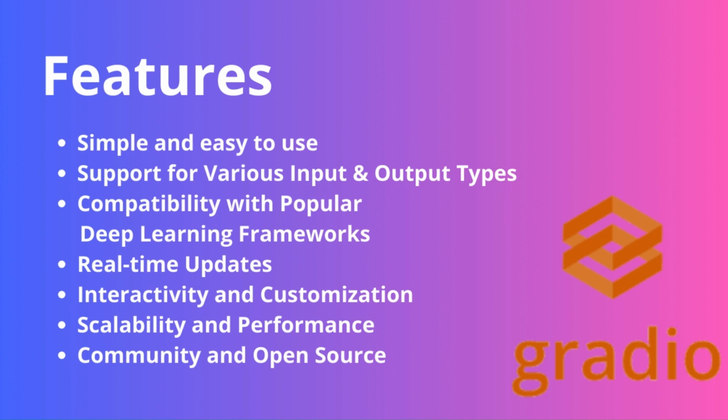It's built to be fast and there are tricks to make it work well even when lots of people are using it. Seventh is community and open source. Gradio has a bunch of people who use it and help make it better. You can find guides, explanations, and examples online. And the cool part is it's always getting better because people keep sharing ideas and improving it.